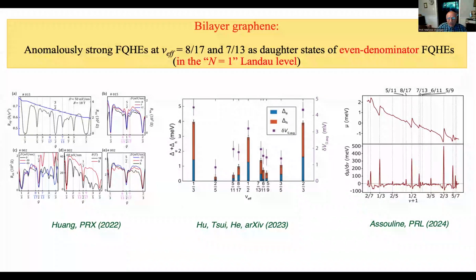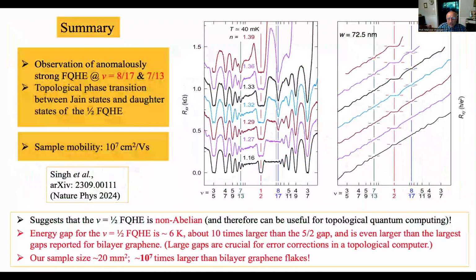There is mixing between the Landau levels, but they see in the n equal to 1 Landau level, 8/17ths and 7/13ths. And in fact, that's one of the main pieces of evidence that in bilayer graphene, these are also non-Abelian. So there's a bit of interest now in the community to use these for topological quantum computing.